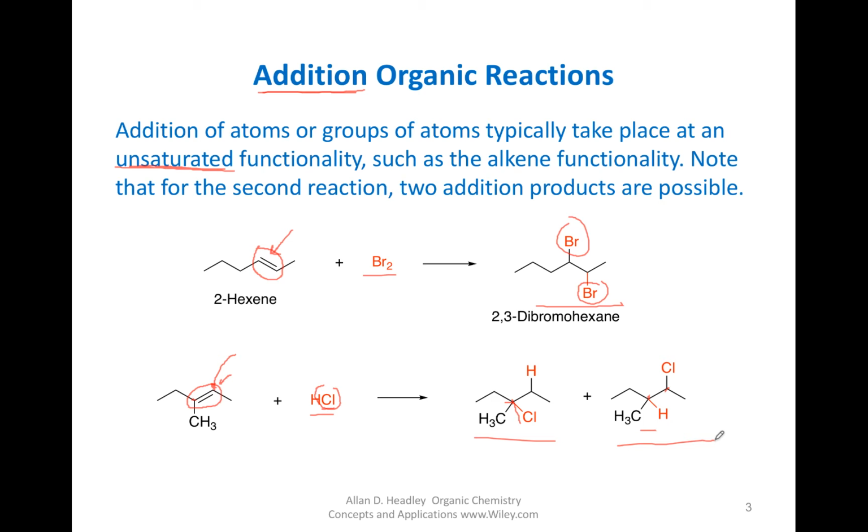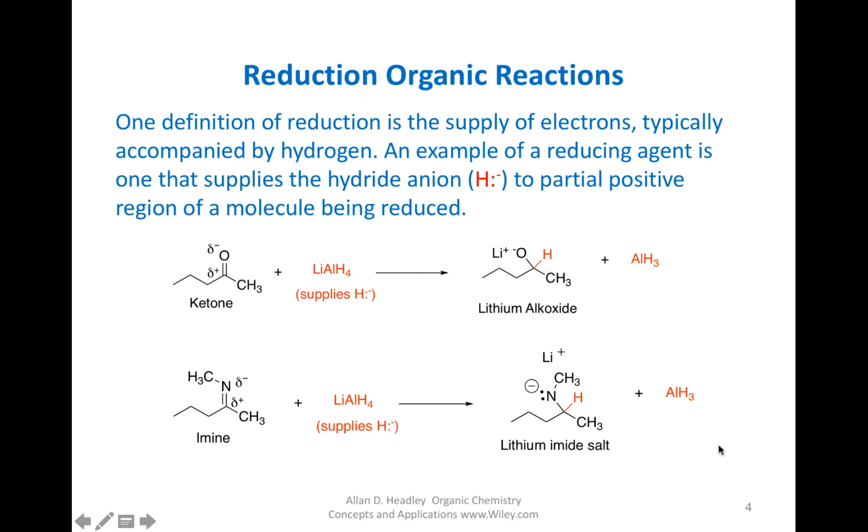So H and Cl adding across a double bond, and the reaction sites are basically this carbon and this carbon. So they can add one out of two ways, or two possibilities exist for the addition, and here are the two possible products. Another type reaction that we will cover here is reduction.